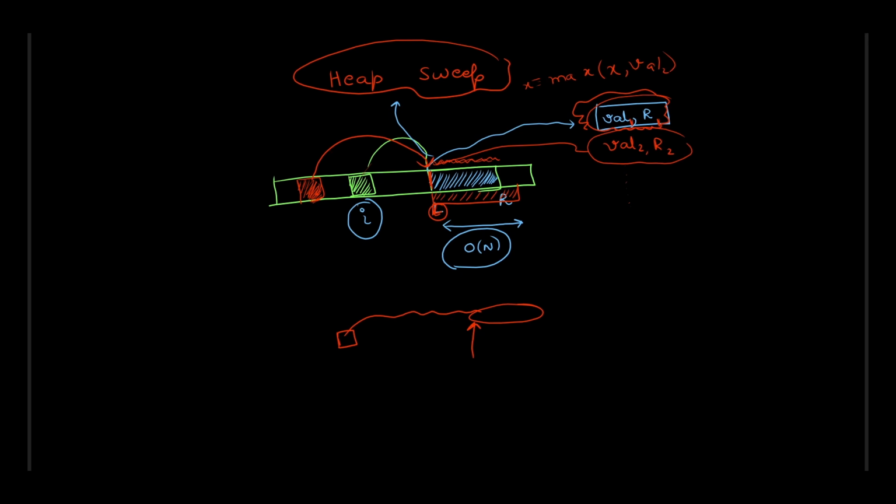Similarly, when you cross this element, you are not losing anything, because all the elements of this range should be updated to val1 comma r1, right?